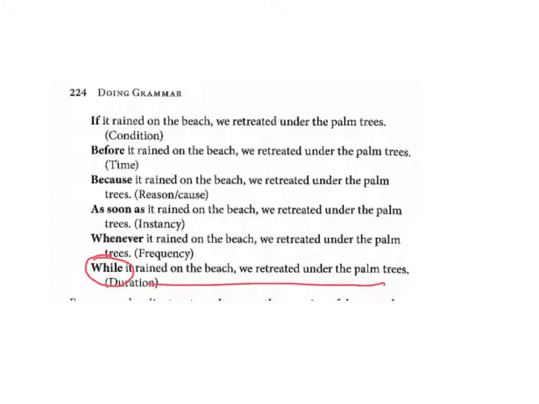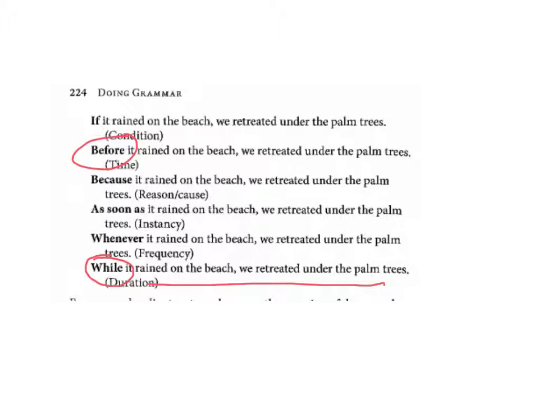Something is happening at the same time as something else. Or if you say "before" or "after it rained on the beach," it's showing a time relationship. And so again, it's putting two things together that belong together for one reason, but it shows which comes first and which comes second. Okay, so this is really the end of my commentary on Chapter 9.